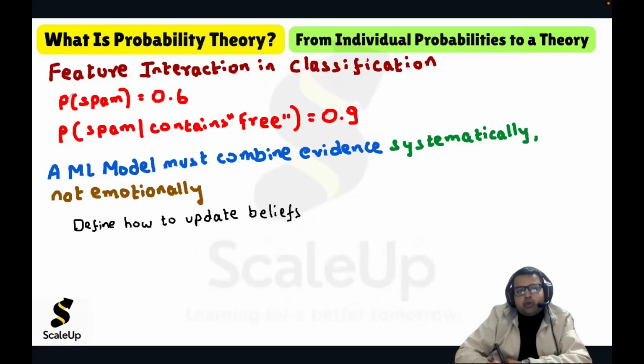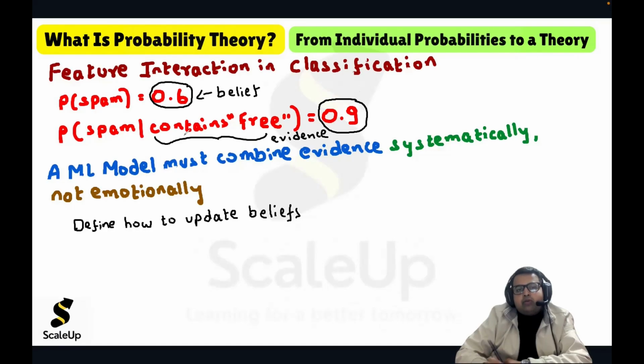So here, probability of spam 0.6 is a belief. And when we got the evidence that the email contains the free keyword, this is the evidence. With this evidence, the belief got updated, because earlier the belief was 60%, but with this evidence that the email also contains the free keyword, the belief got updated to 90%.